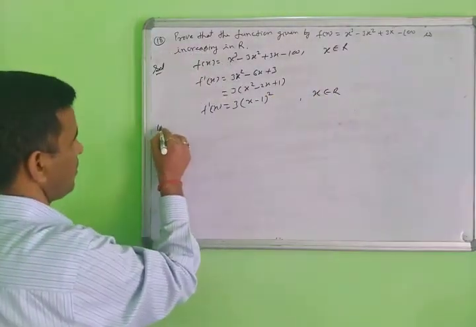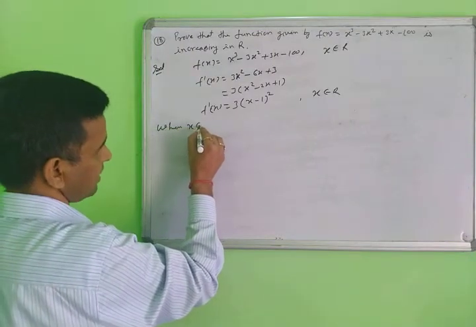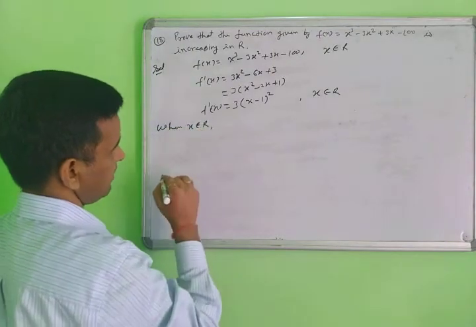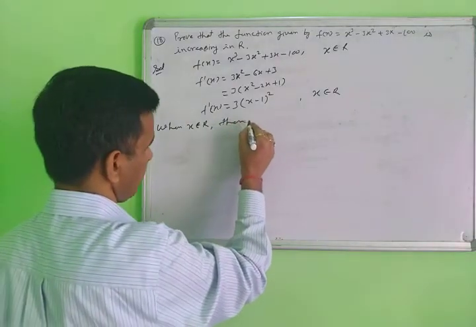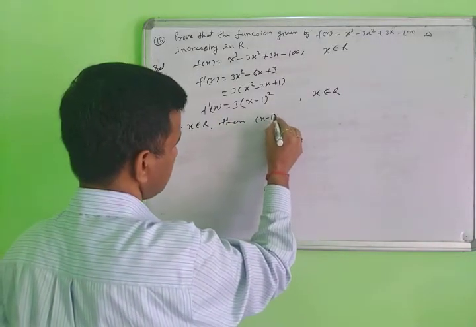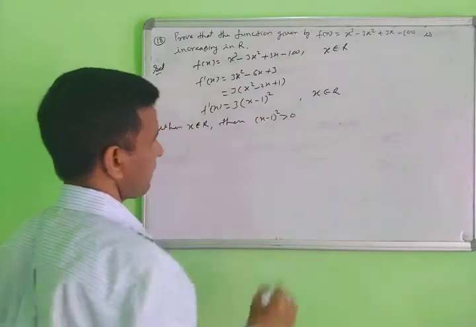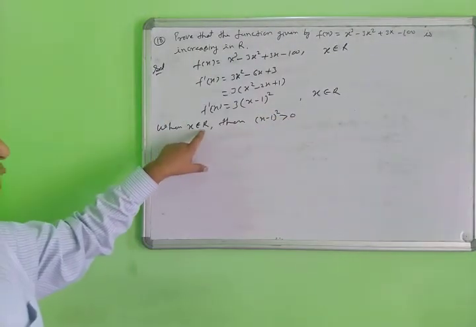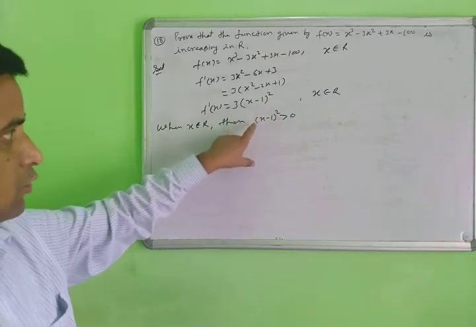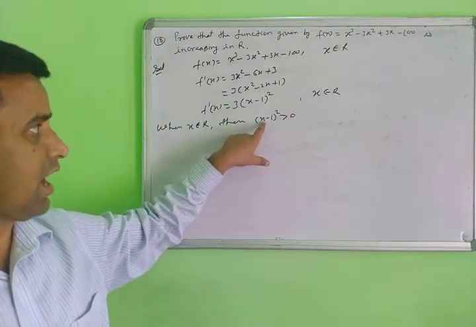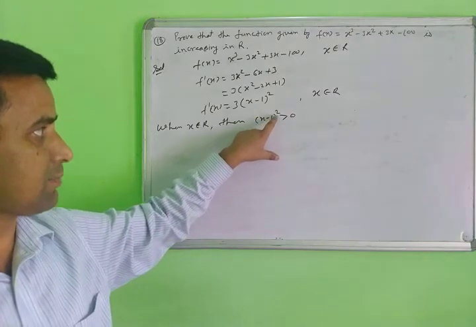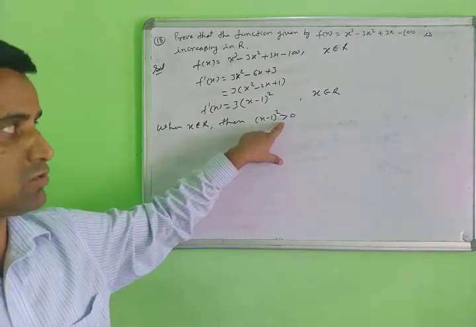Now, when x belongs to the real numbers, then x minus 1 whole square is greater than or equal to 0. When x belongs to real numbers, you put any value of x here and calculate after squaring, this will be greater than 0.